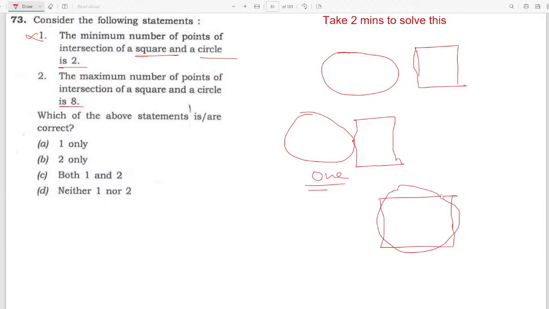The maximum number of points that a circle can cut the square would be 8: 1, 2, 3, 4, 5, 6, 7, 8. This would be the maximum. The circle cannot cut this square in more than 8 places.